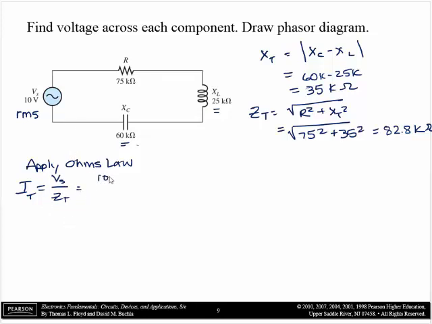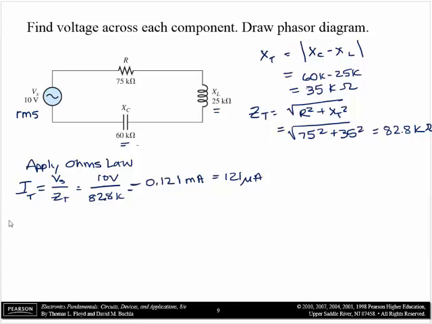So it's 10 volts divided by 82.8 k ohms, and we get 0.121 milliamps, which is 121 microamps.